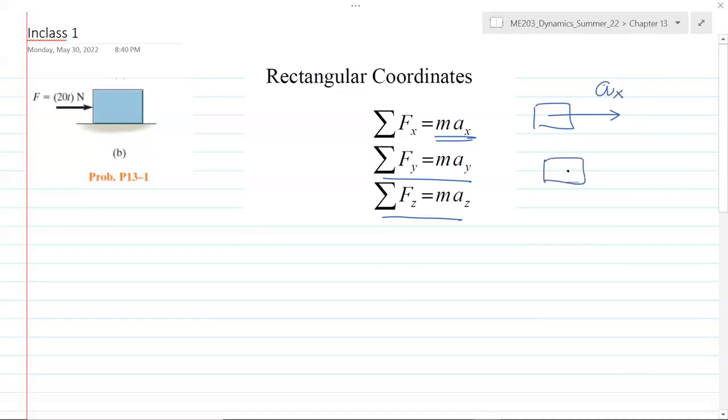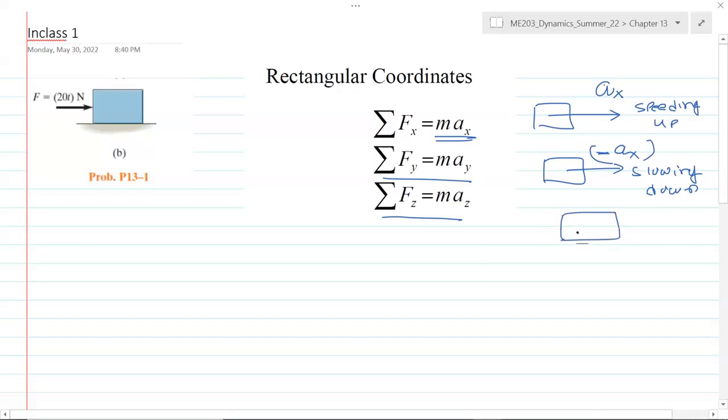But if the particle is moving in this direction and it's slowing down, then this acceleration is called negative acceleration, minus ax, or you can also draw this in the opposite direction but with a positive ax, because the particle is moving here but it's slowing down. So then acceleration is in the opposite direction. It's called deceleration.